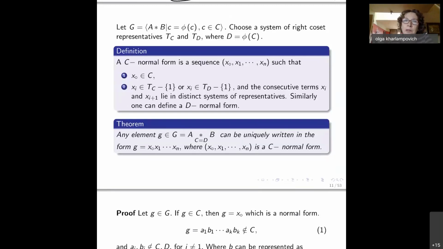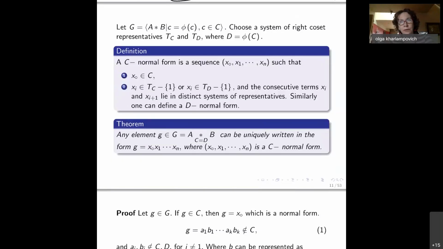So first, I'm going to talk more about amalgamated products, and I'm going to show that for every amalgamated product, I can construct a tree such that this group acts on this tree.